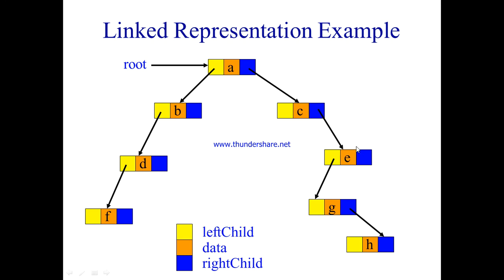E, left it has, right it doesn't have. G, left it doesn't have and right it has. So like this I can represent using the linked list representation, which is easy to understand, easy to access, and has low wastage of memory.